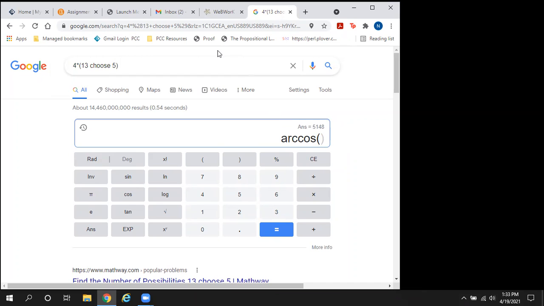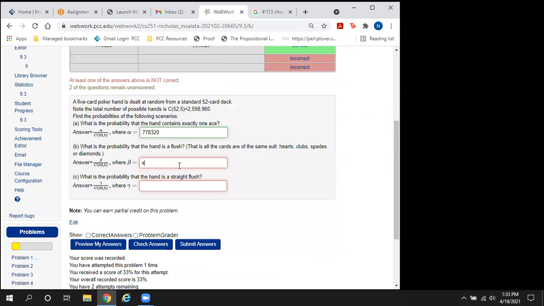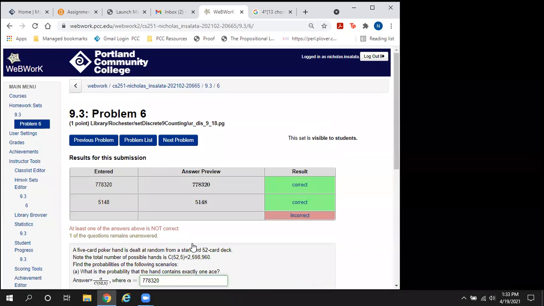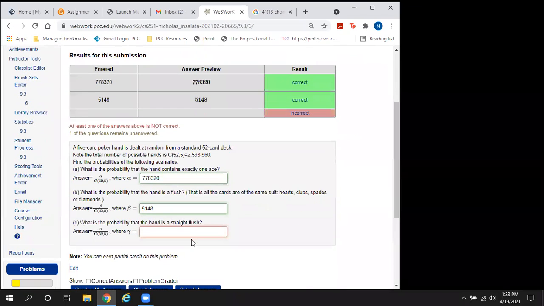You don't need to worry about how many cards are left in the deck because the problem has set that up already. Yes, that's right. So it's 5148, I think, right? Okay, looks good. Any questions on that one?